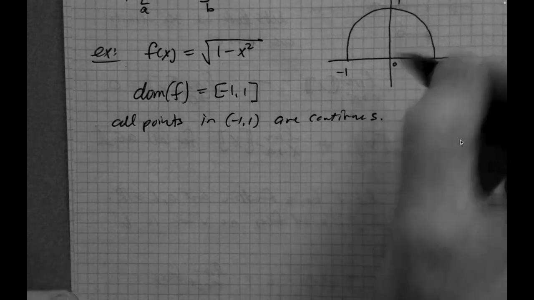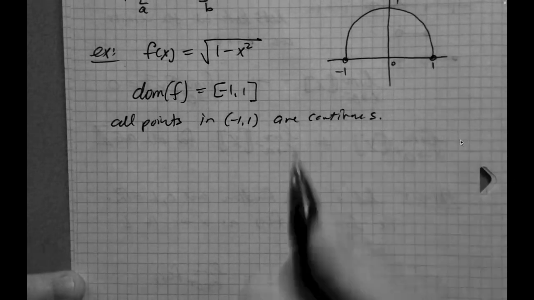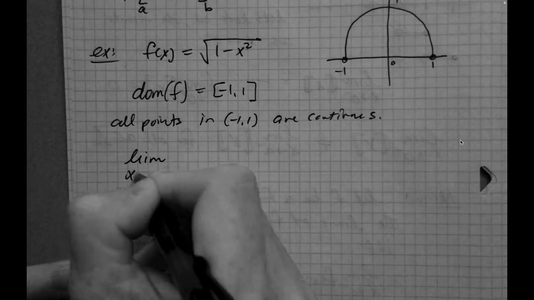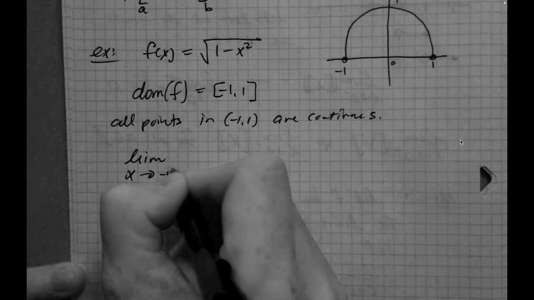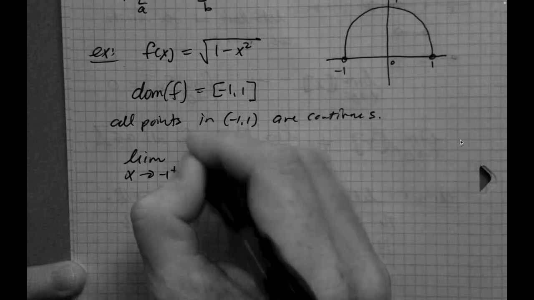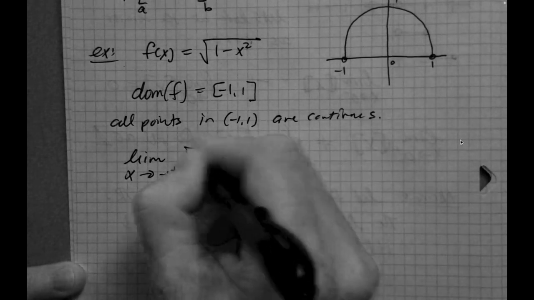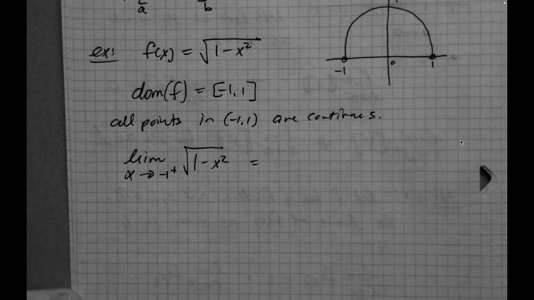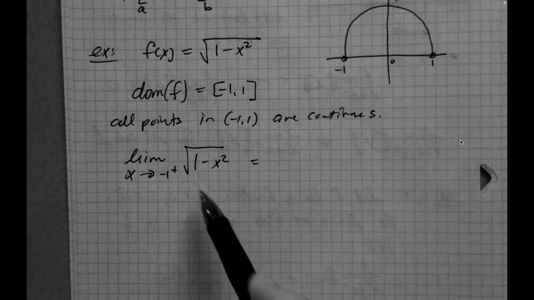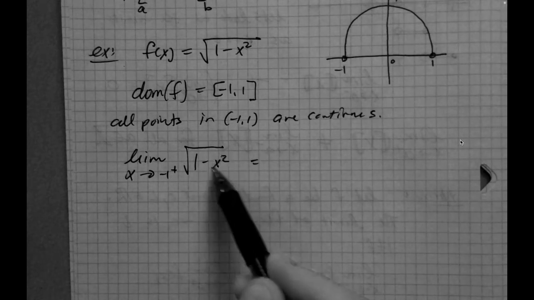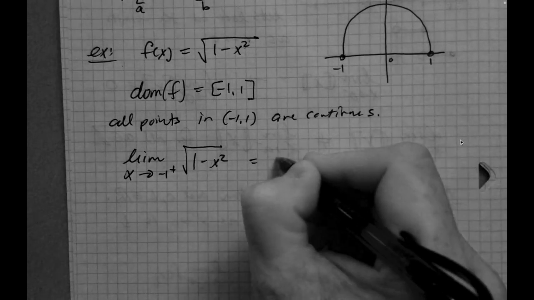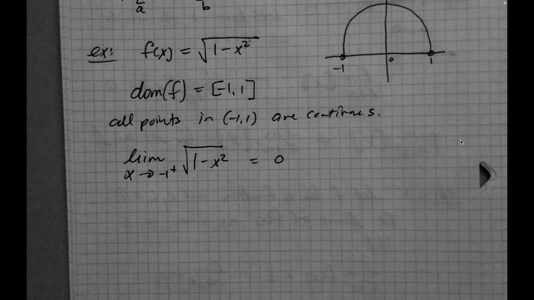Now, what can we say about the endpoints? Well, we can say that the limit as x approaches -1 from the right of the square root of 1 minus x squared, what's it equal to? The visual would tell us it's equal to 0. Is that what we get? We plug in a -1 here. -1 squared is 1. 1 minus 1 is 0. Square root of 0 is 0. So you get a 0. That's good.